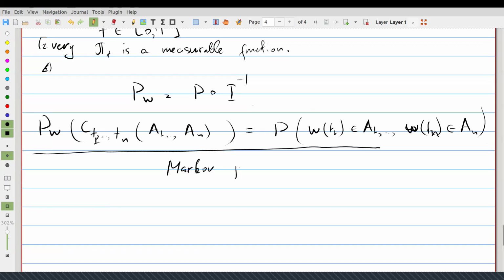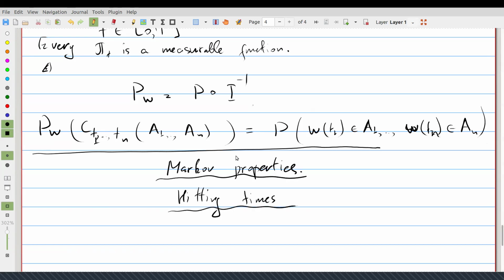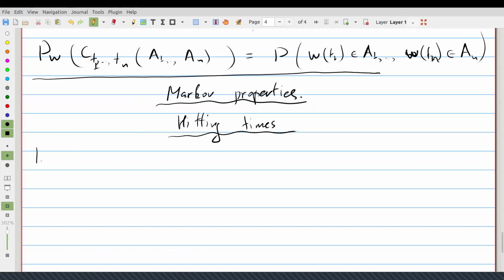Now we can start working towards what we are really interested in. The next section is Markov properties and hitting times. We start with defining what a filtration is, because it's a very important object in stochastic integration.